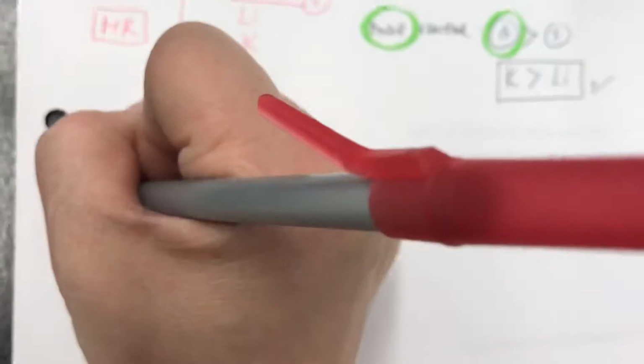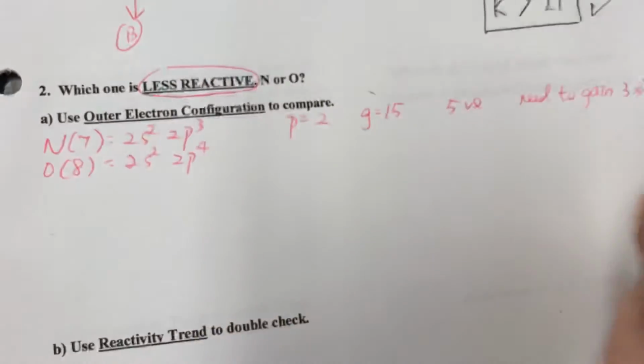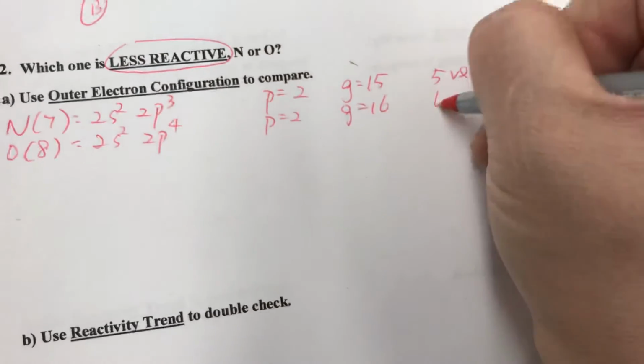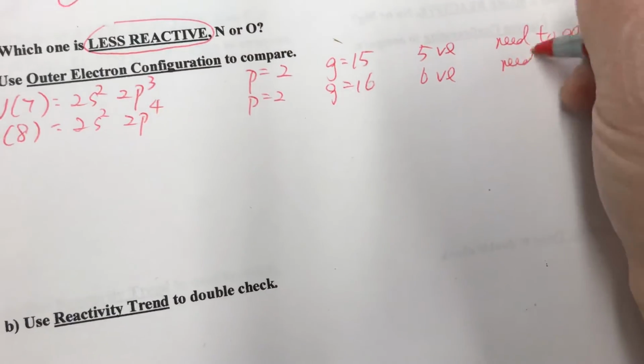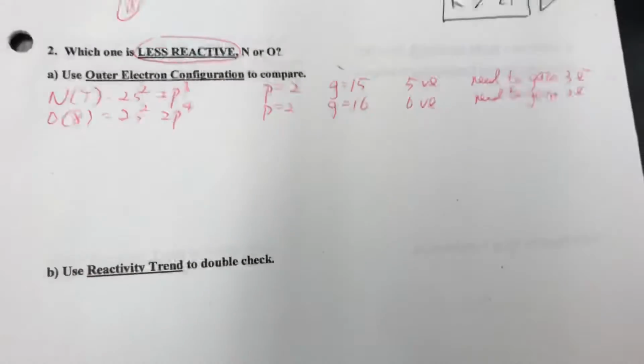And then O is atomic number 8. So then the outer is 2s2, 2p4. So it's period 2, group 16, 6 valence electron, need to gain 2 electrons.